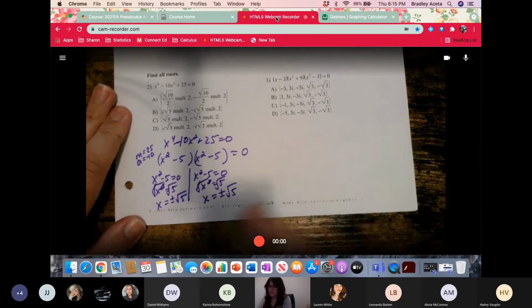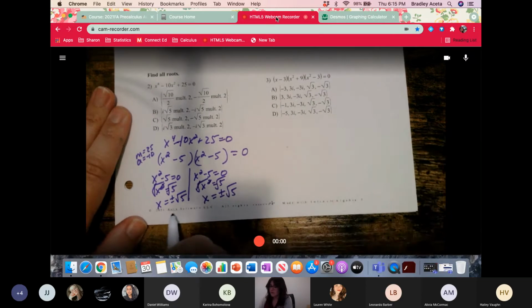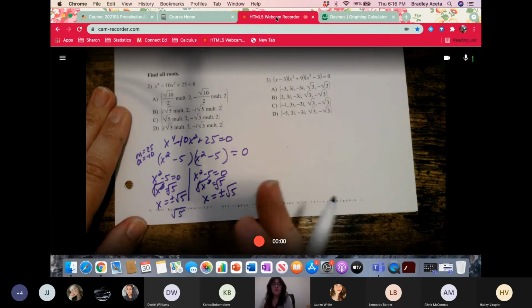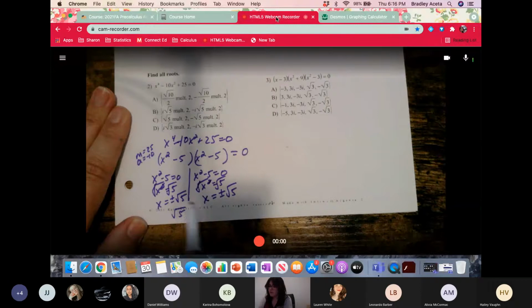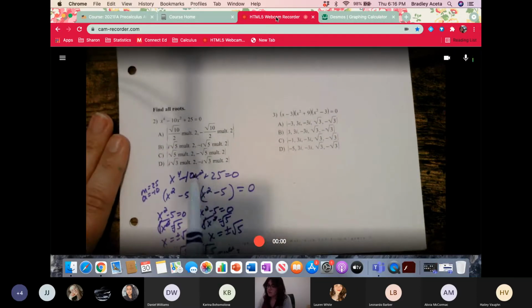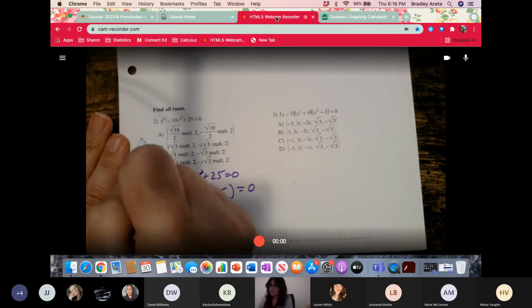So what does that mean? Well, that means you have square root of 5 twice, or a multiplicity of 2. But you have a negative square root of 5, multiplicity of 2 also, because it's over here and here. So this would be the answer C.